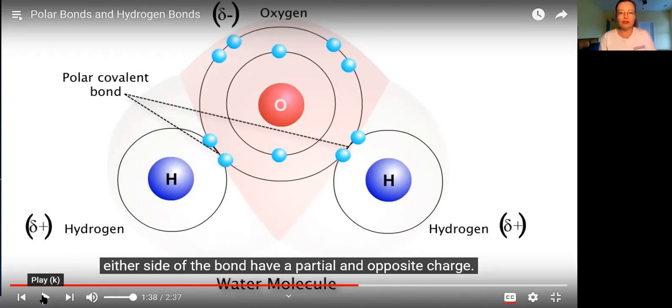I don't have that written anywhere else phrased quite that way in my notes. I like it. I like that it's pointing out that it's not a full charge. And of course, we still have an opposite charge that creates the attraction that keeps those atoms covalently bonded together.